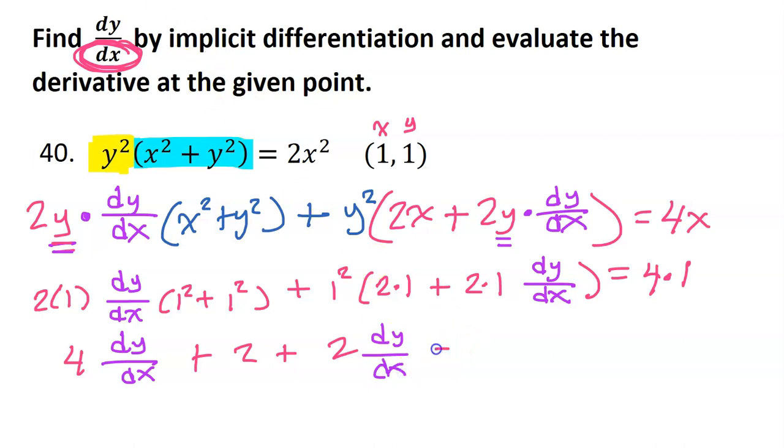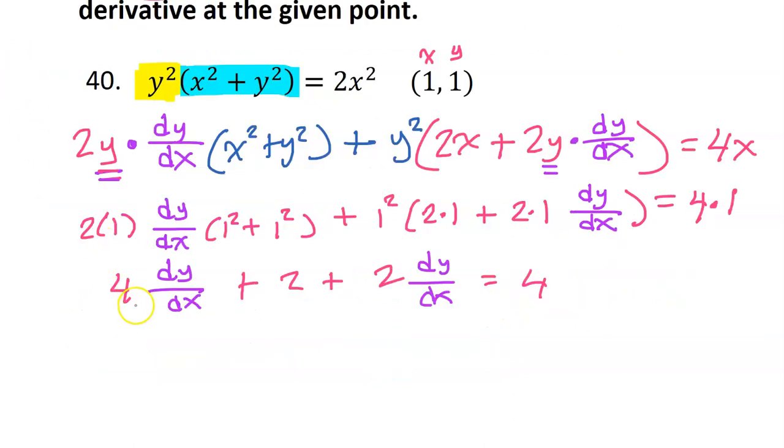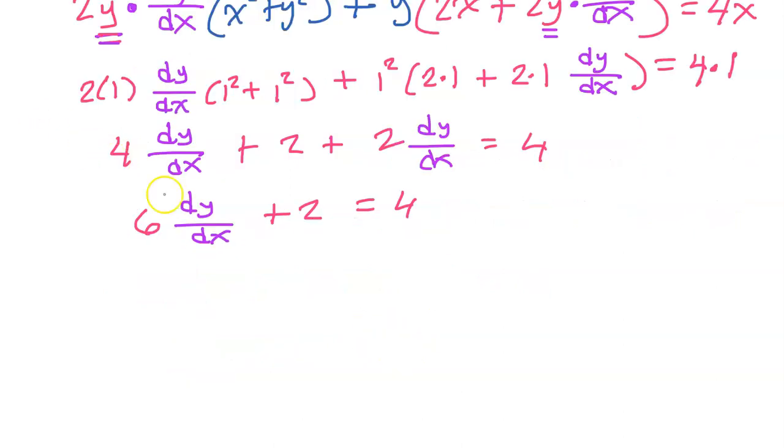And this is equal to 4 because of that. The terms that have dy/dx in them are now like terms. So I have 4 of these plus 2 of these, so that'll be 6 of these. So I have 6 dy/dx. And then I still have this plus 2 is equal to 4.